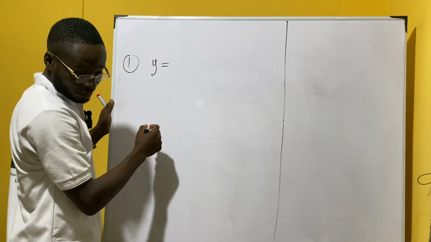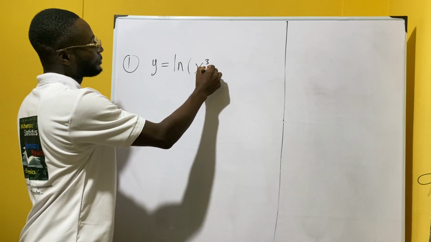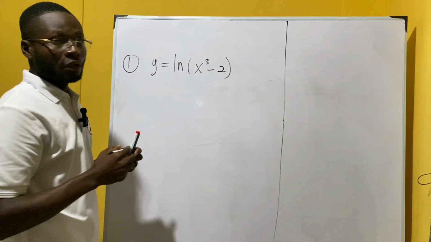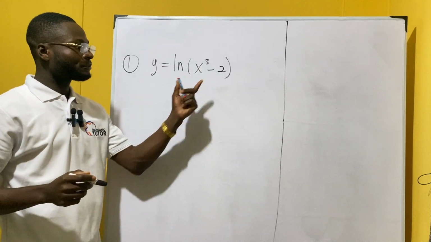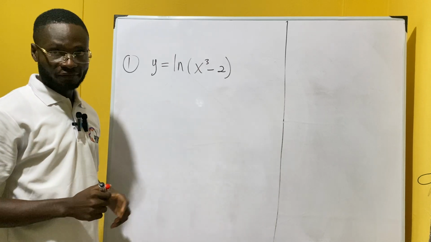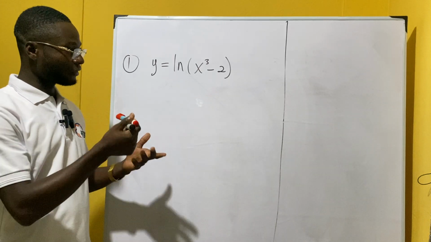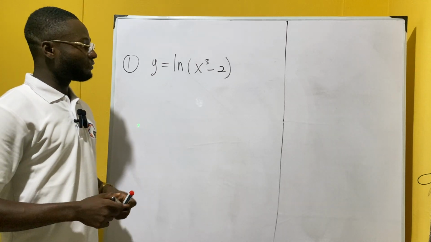y equals ln of s cubed minus 2. So this function, we want to find the first derivative of this particular function. Of course, you can go ahead and find the second derivative as well if you get the mastery of how to find the derivatives.